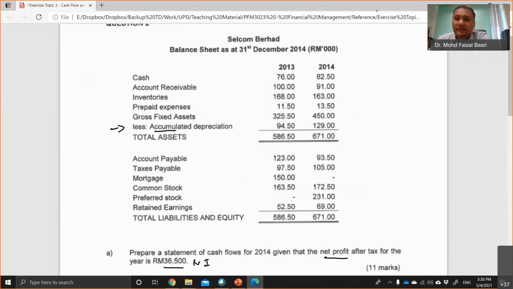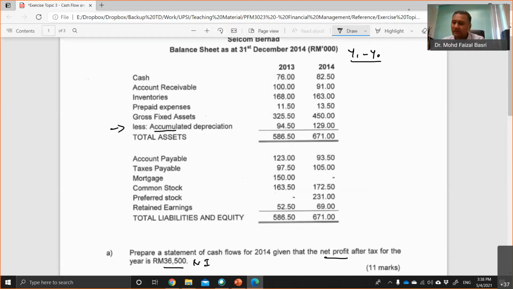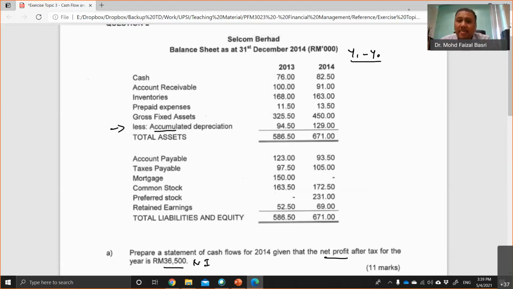Differentiate between the current and the previous year, so it will be year 1 minus year 0, as I mentioned earlier. So we just deduct.